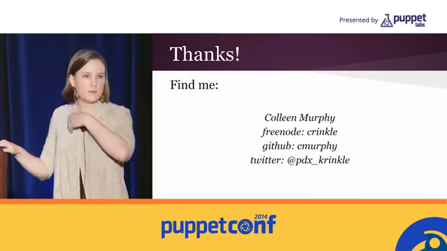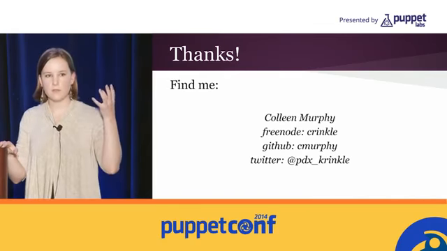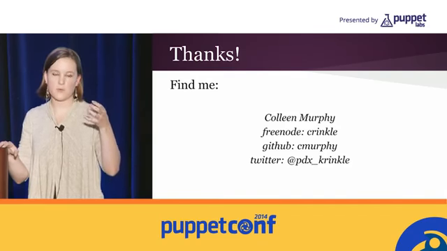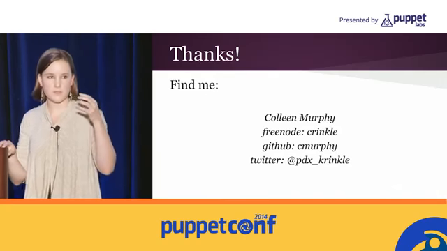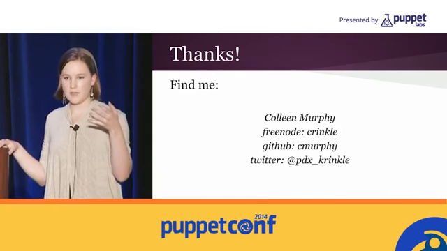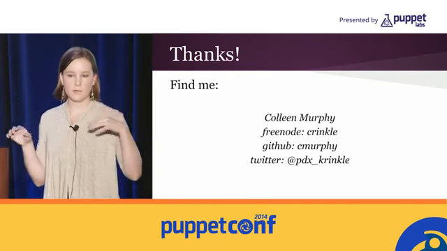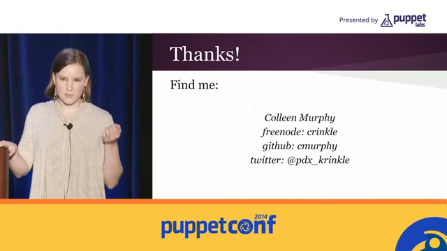No, because what Hiera data bindings will do is look in your parameters list, and if those parameters exist in Hiera, then it will pull it from Hiera. If not, it will use the defaults that you gave in your parameters list, or if there aren't any defaults and you didn't specify something, it will fail. Does that answer your question a little bit?